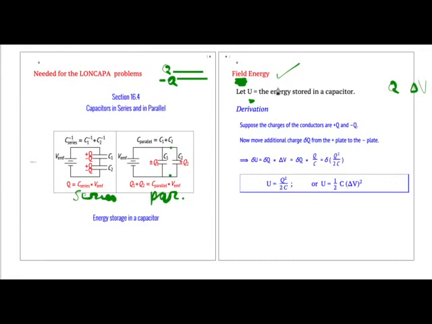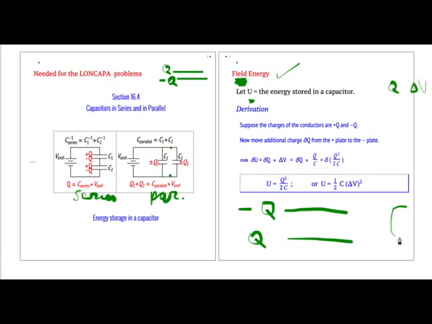But to derive it, we think of a capacitor, think of it as two plates. And suppose the charges are plus Q, let's put that one down here, and minus Q, let's put that one up here. So this is the capacitor.